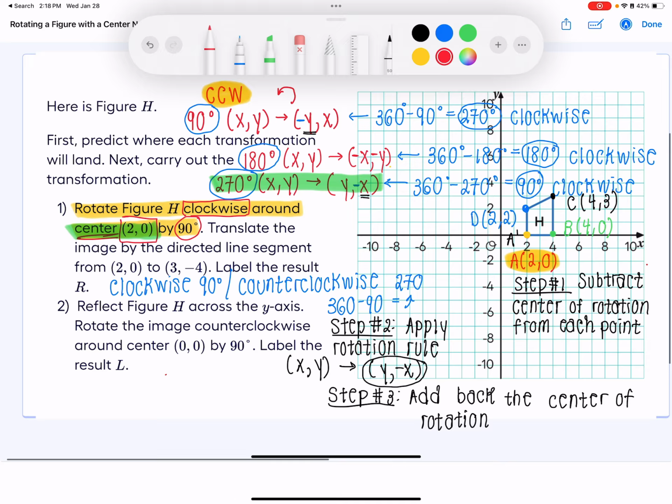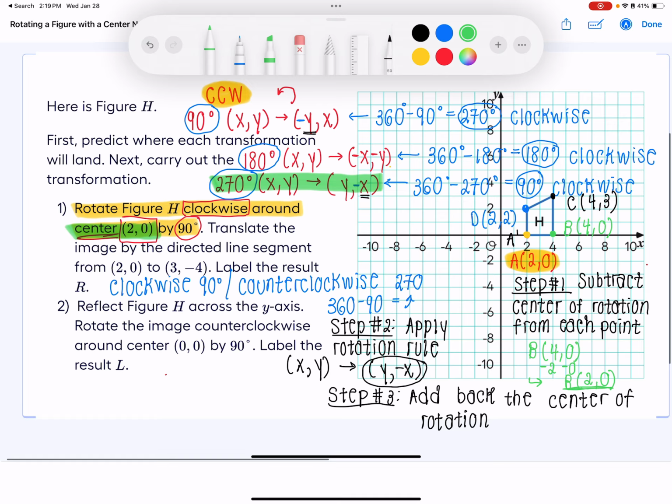So the same steps are still there, but next we're going to focus on B. So B, we have 4, 0. That's how we started. And step 1 was subtract center rotation from each point. So again, our center was 2, 0. So we're going to take our center, we're going to subtract the 2 from the 4, and we're going to subtract the 0 from the 0. And we end up getting B as 2, 0.